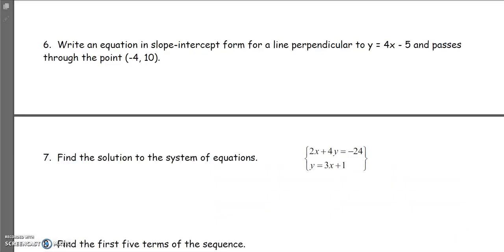Number 6 is asking us to write an equation in slope-intercept form for a line that's perpendicular to the given line and passes through the point -4, 10. So slope-intercept form, this is what we're wanting it to look like eventually. If a line is perpendicular, that means our slopes are going to be opposite reciprocals.